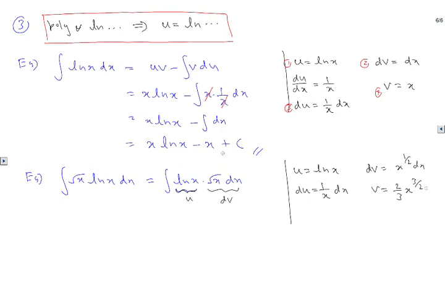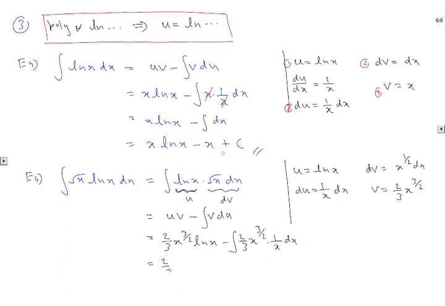So we have everything we need, and we plug in uv minus integral of v du. uv is the product, so it's 2/3 x to the 3/2 ln x, minus v, 2/3 x to the 3/2, times du, which is 1 over x dx. You can see there's a nice simplification here.